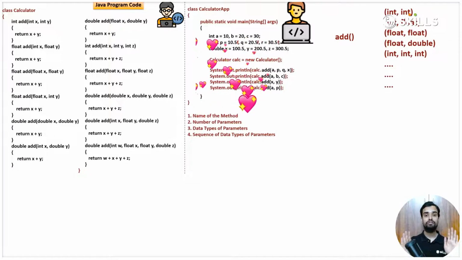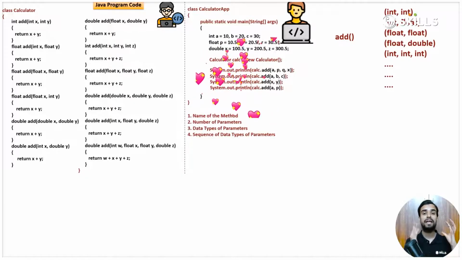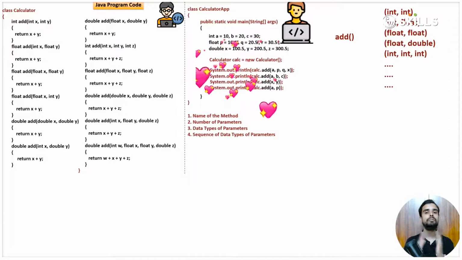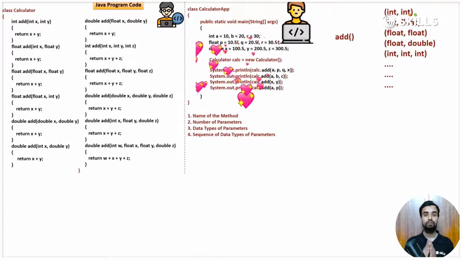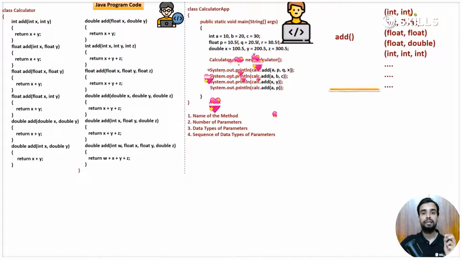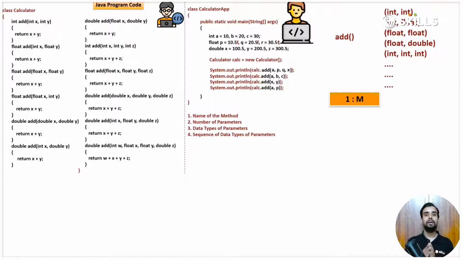In fact, there are multiple add methods with multiple different sets of parameters. But for the second developer, the story is entirely different. He feels that this add method is polymorphic in nature because it is clearly satisfying this equation of one is to many according to this developer.